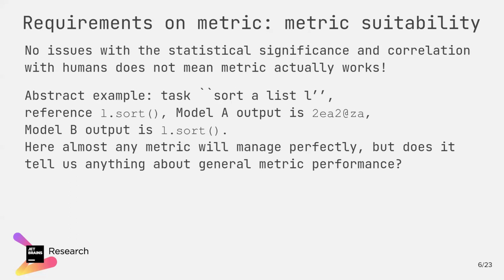In this case, any metric that is good enough to award 1 to a perfect snippet and 0 to a snippet that has no semblance to a reference whatsoever will have a perfect correlation with human judgment and perfect statistical significance for distinction between models A and B. However, these results tell us nothing about the actual performance of the metric.